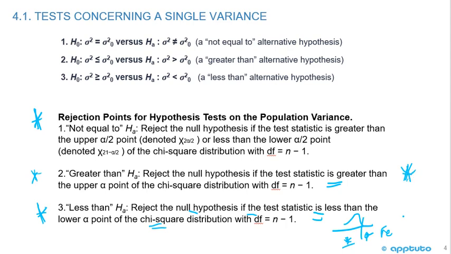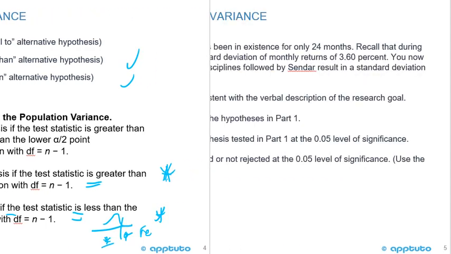You have to be careful with which type of hypothesis you're doing, and then when you calculate your test statistic and compare it versus the critical value, if it's a less than hypothesis, we reject the null if the test statistic is less than the lower point, and if it's a greater than, we reject the null if the test statistic is greater than the upper point of the chi-squared distribution.